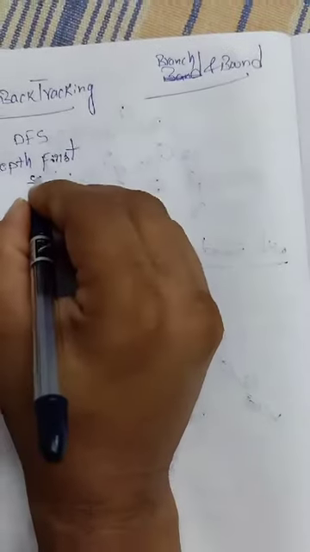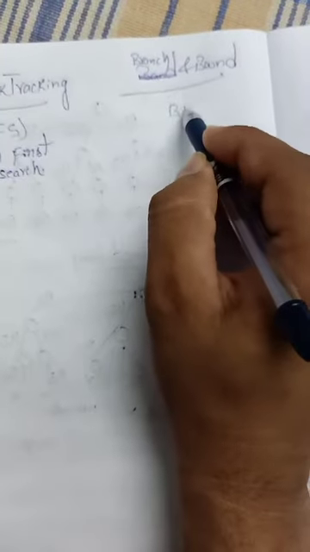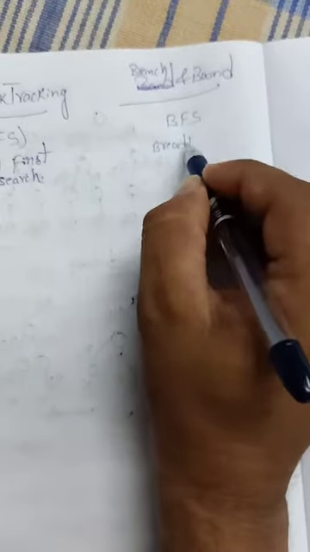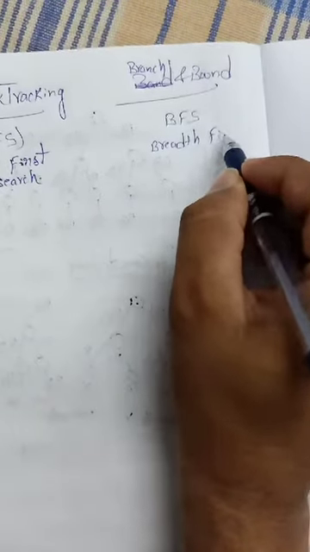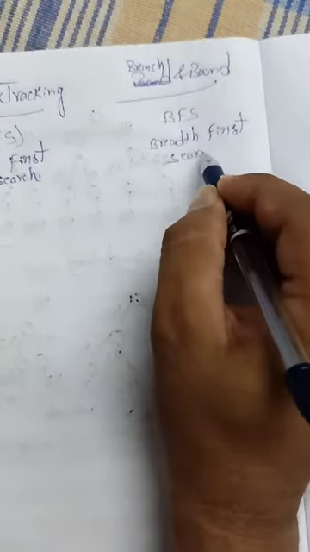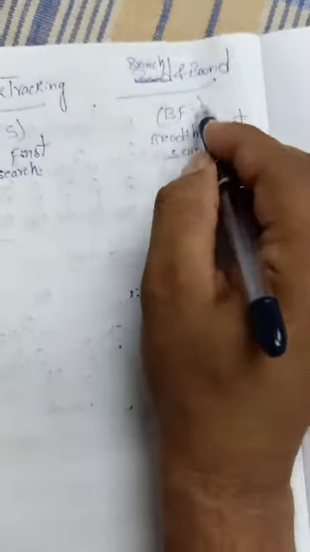In branch and bound we are using breadth first search, BFS.